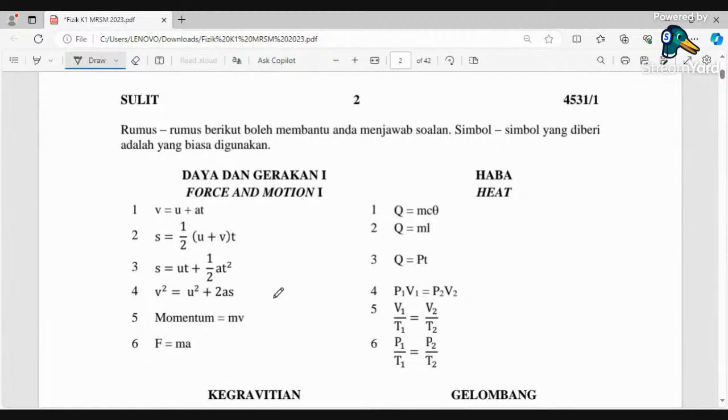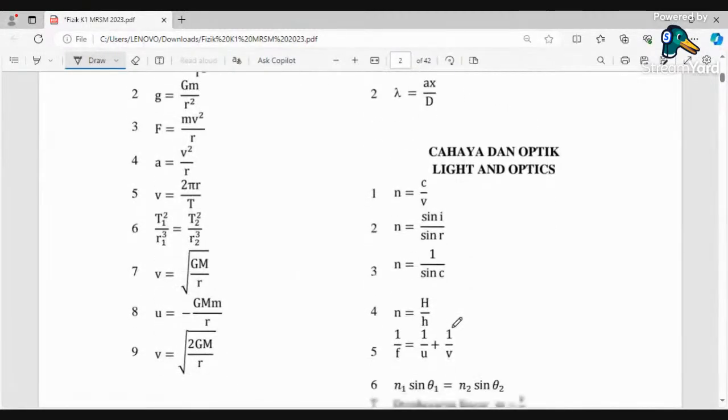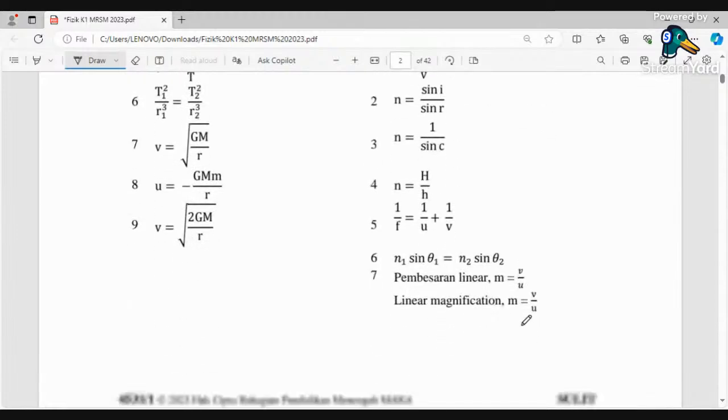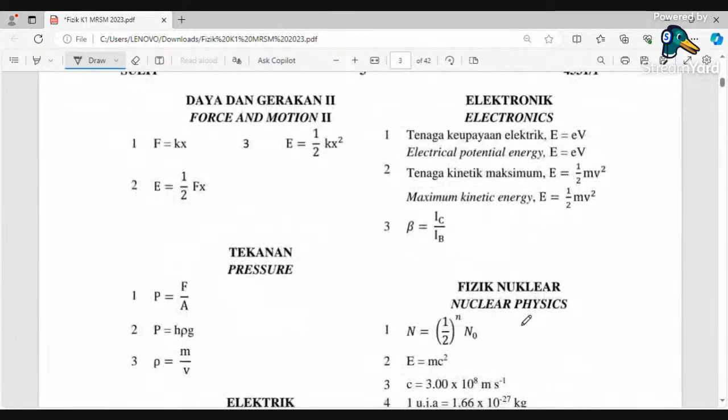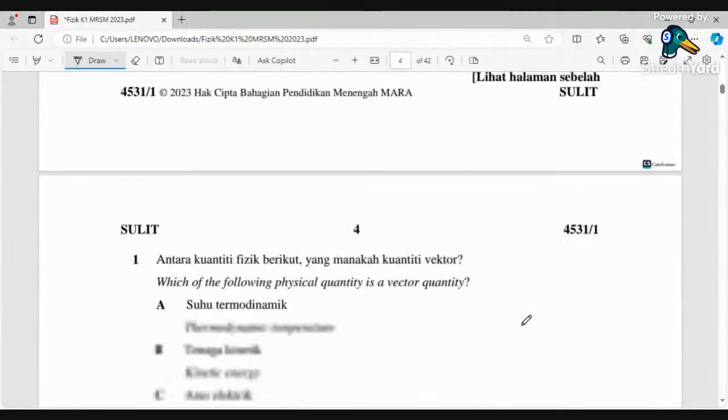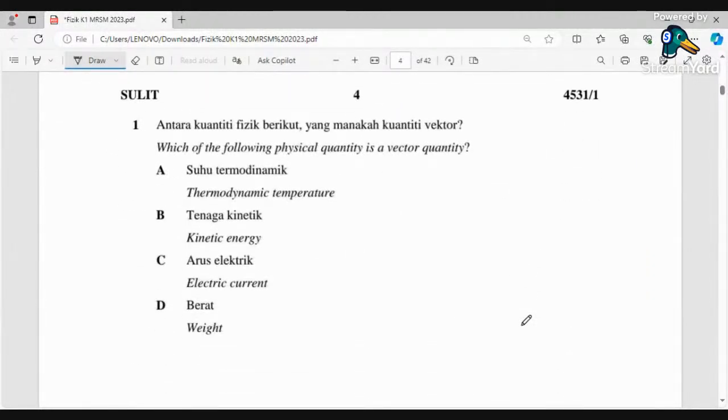So it's very easy to find the formula involved in the questions. Boleh nampak? You are very lucky. There are so many formula included. Okay, let's start for number 1.